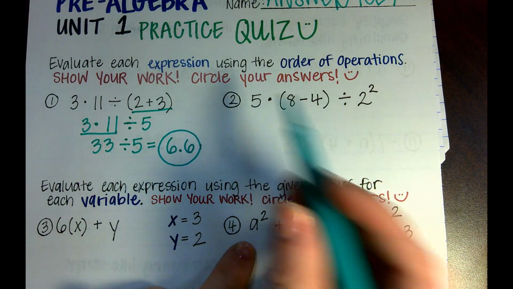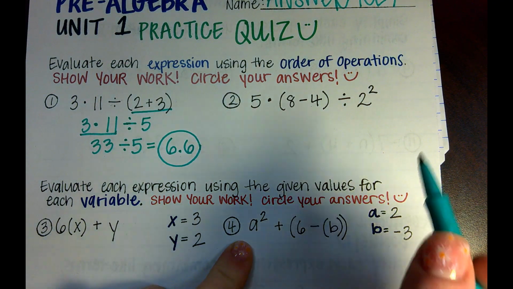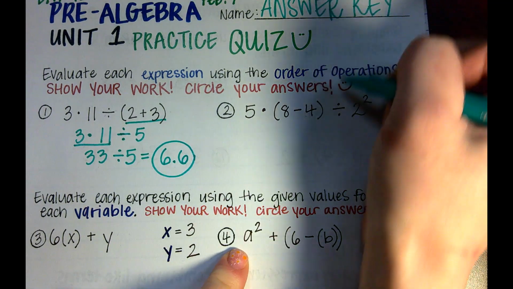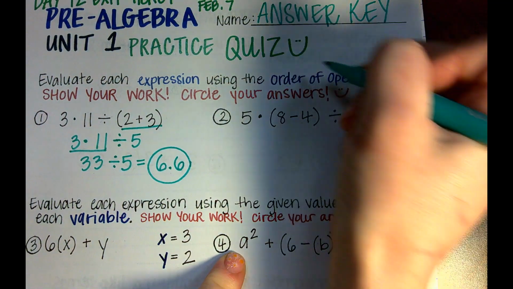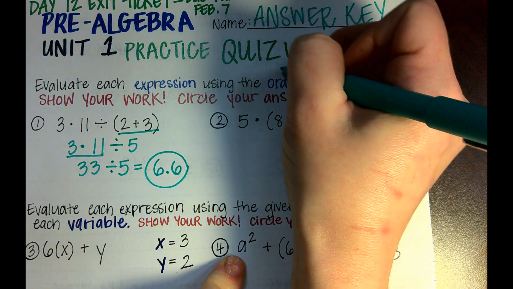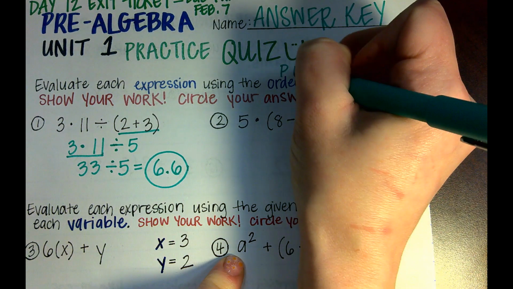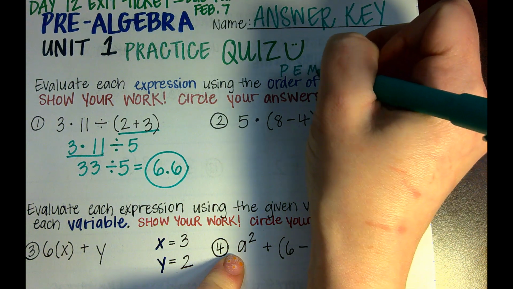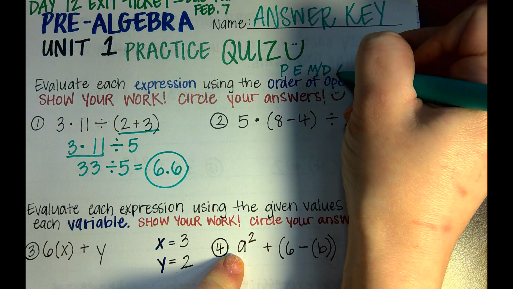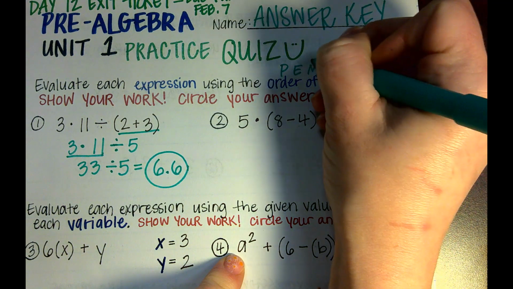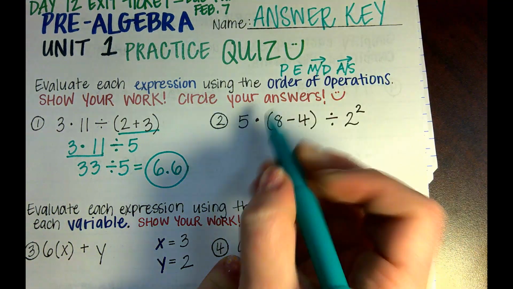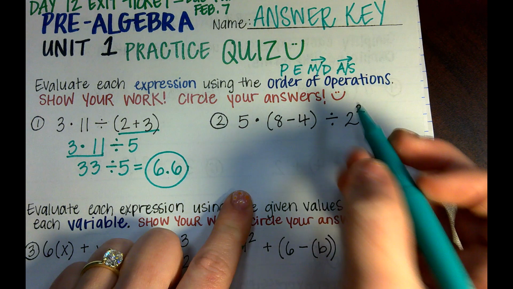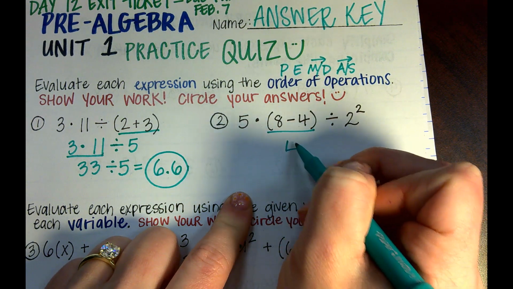What should I do here first? Exponents. Yes, that's a tricky one. So remember our order of operations, we have parentheses, then exponents, then multiplication and division, then addition and subtraction, both of those left to right. So parentheses first. What's 8 minus 4? 4. Good.